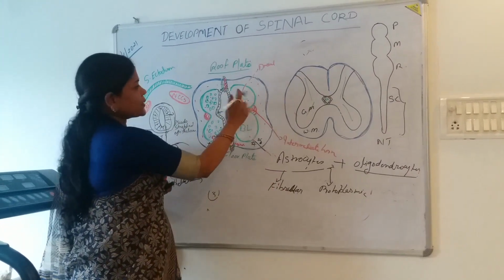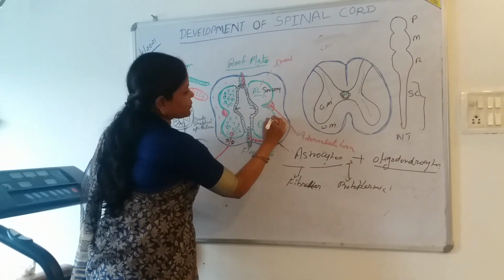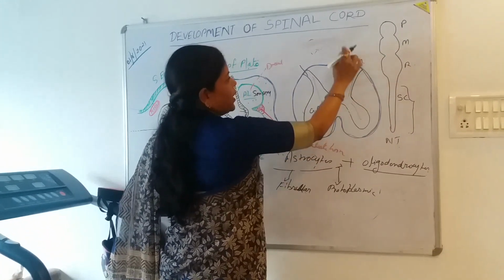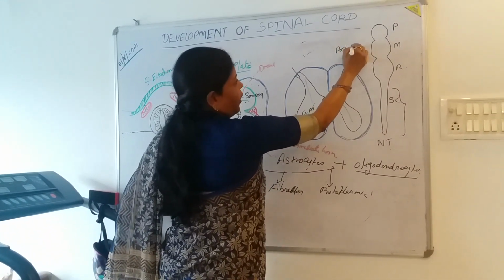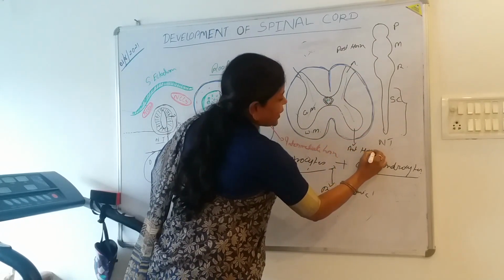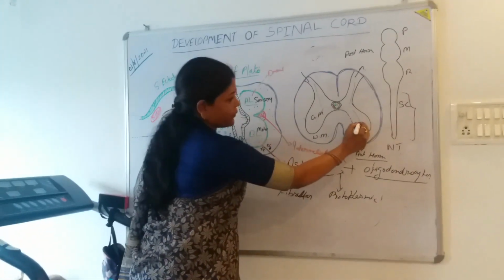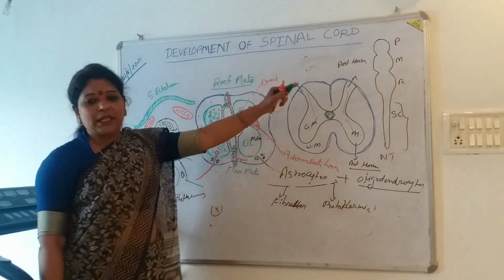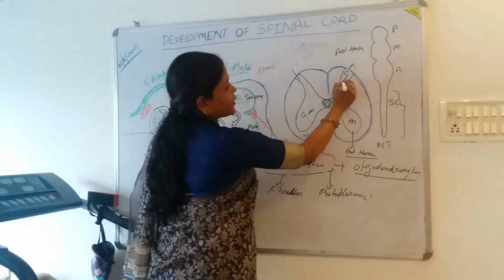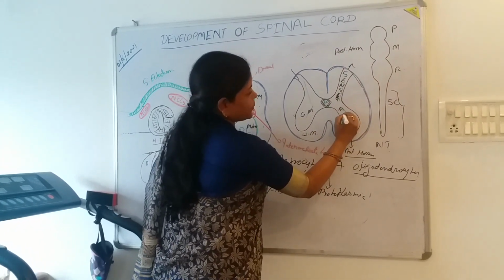In the future spinal cord, this is the posterior horn and this is the anterior horn. So the anterior horn of the spinal cord is concerned with motor function, and the posterior or dorsal horn is concerned with sensory function. Get that? Okay? And this is the motor.